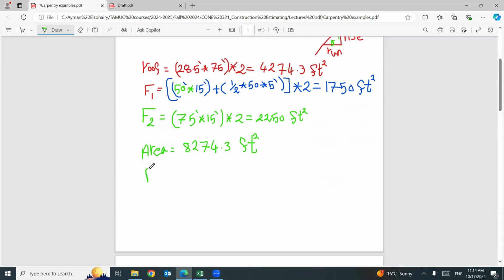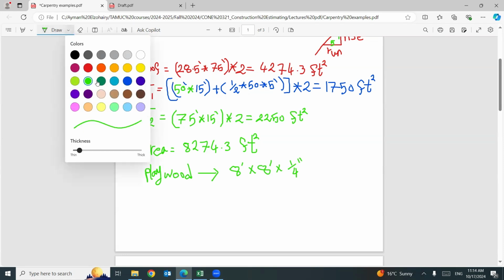Assume we have plywood sheets with surface area 8 by 8 feet by quarter inch thickness. How many plywood sheets do we need to order?